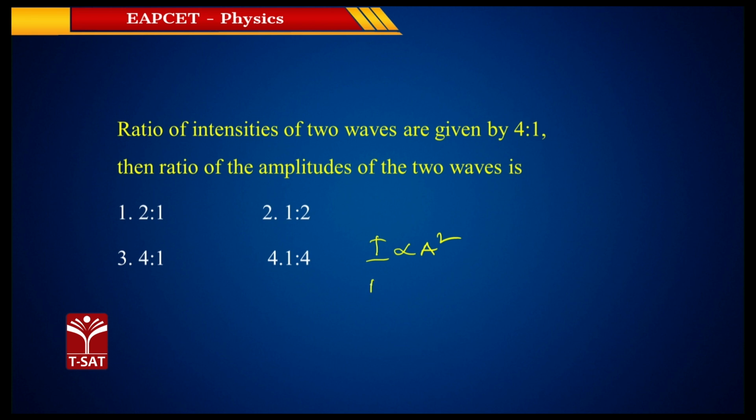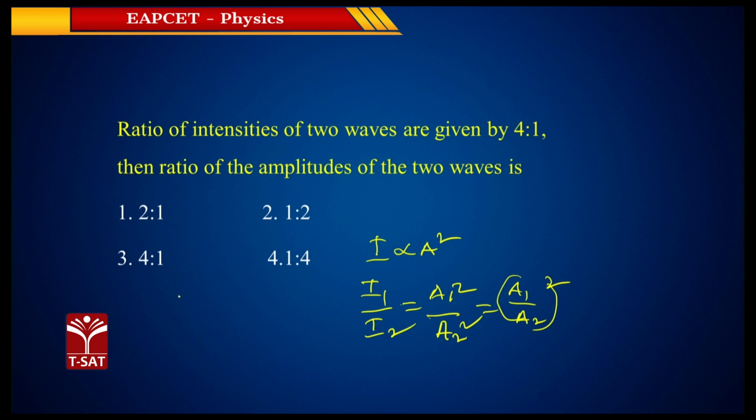That means I1 by I2 is equal to A1 square by A2 square, that is A1 by A2 whole square.